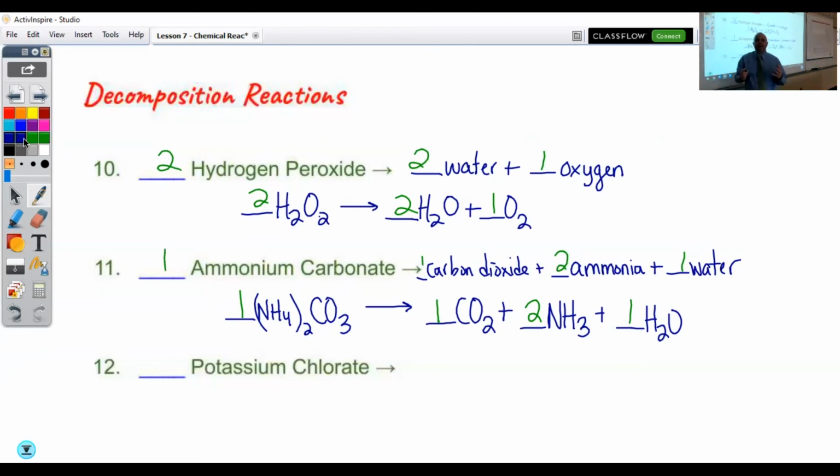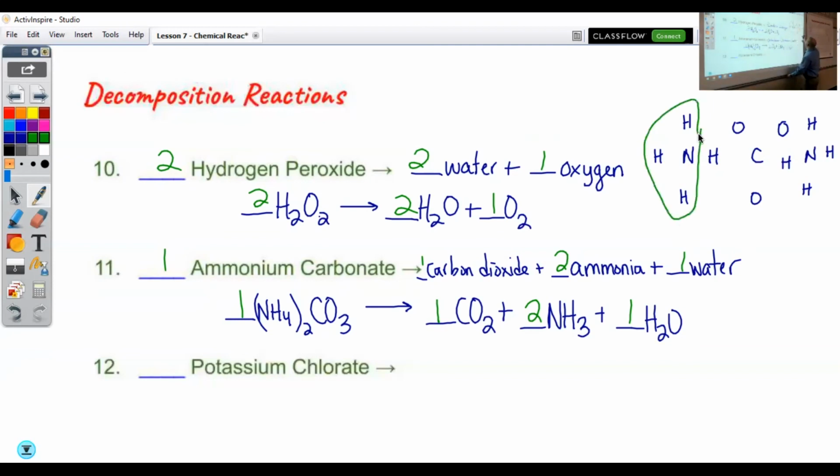You want to think about it like a picture. This ammonium carbonate looks sort of like this. So what ends up happening is we get this compound forming, here's an ammonia, here's another ammonia.